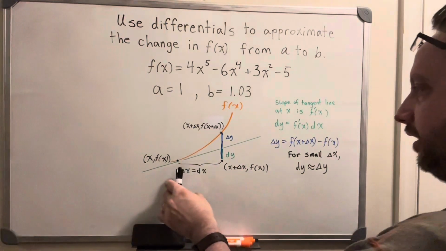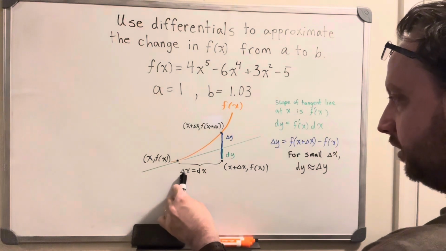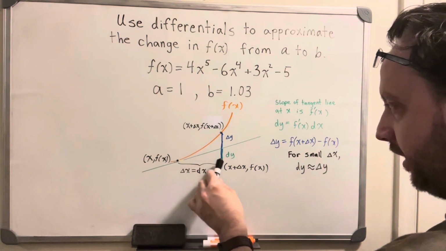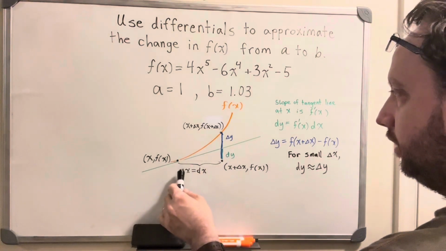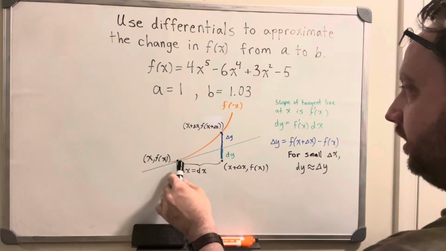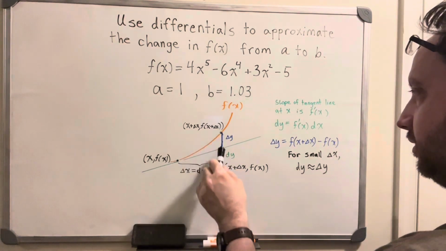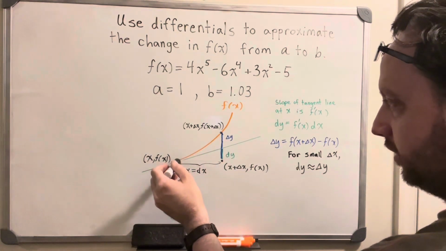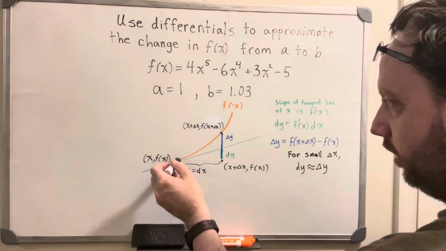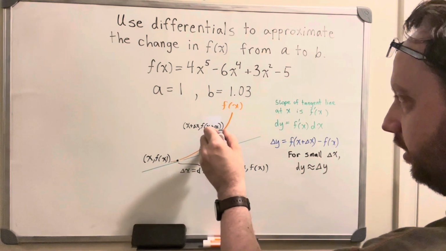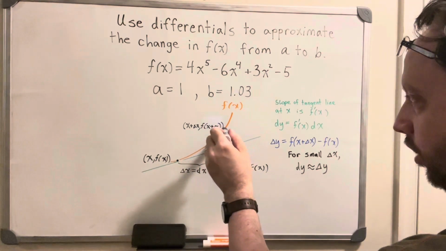Typically you use the symbol delta x to represent the amount in the x direction you moved along the function. And then the difference in the y-axis from when you were at this point to where you are at this point is called delta y.